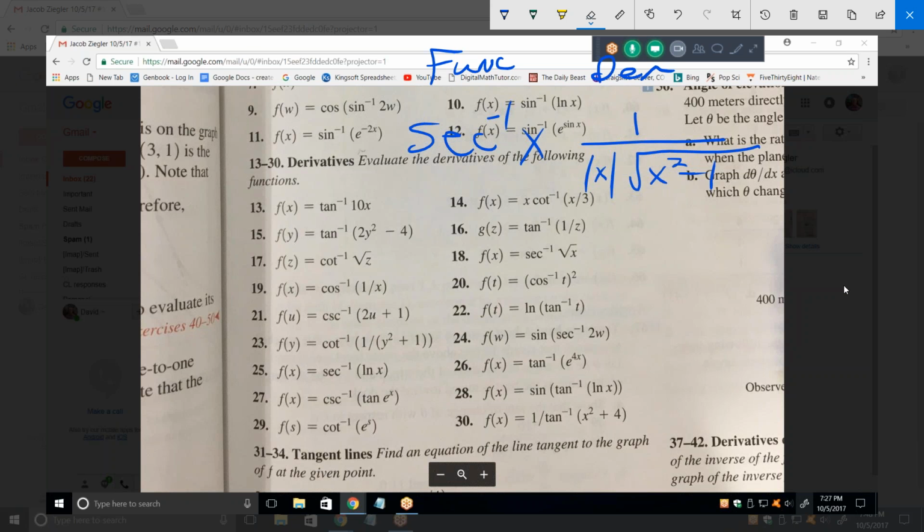Now let's do 20. I'm just looking for ones that look interesting. Okay, so first off, it's going to be the derivative outside. It'll be 2 cosine, 2 arc cosine t. Good.